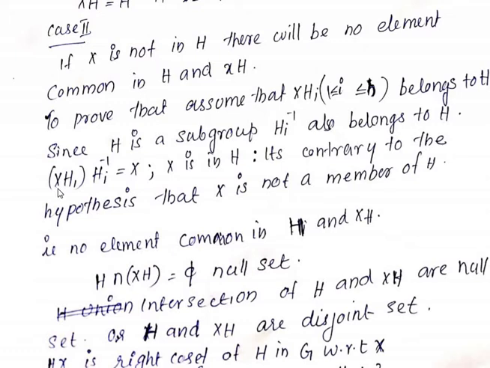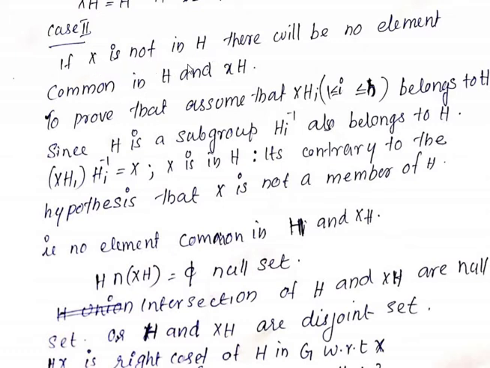So when we multiply x hi with hi inverse, you will get x. So that means x is also present in H. x is a member of H. But we take it that x is not a member of H.